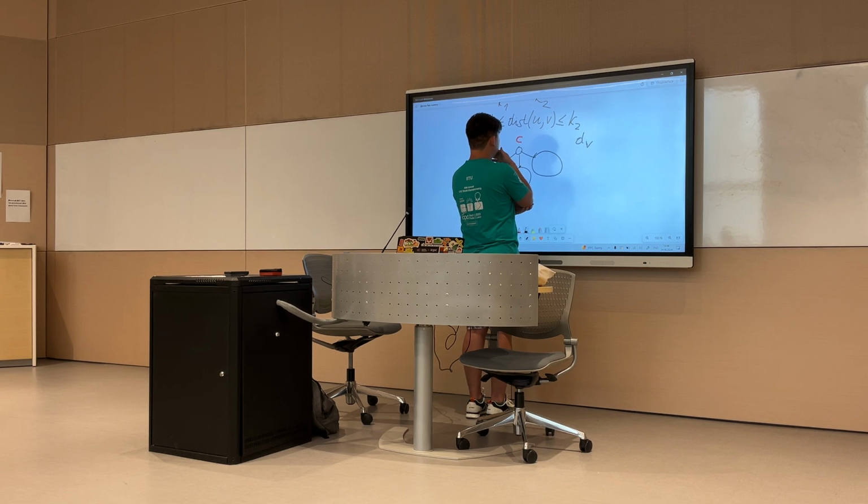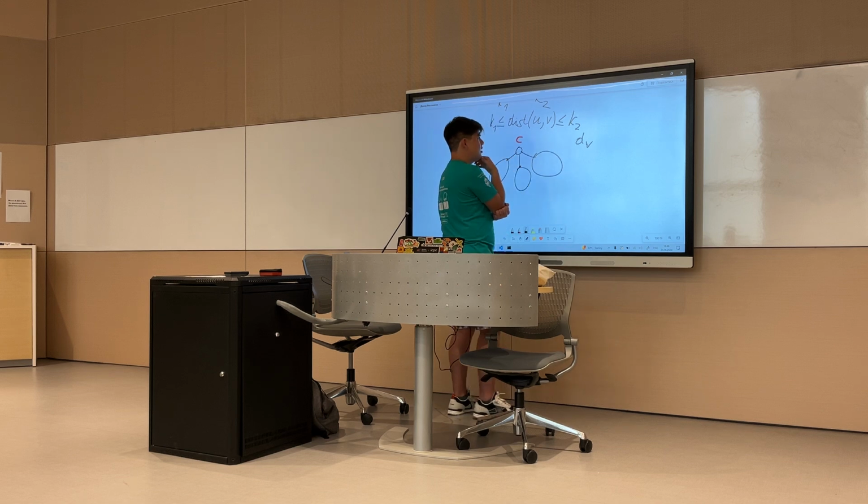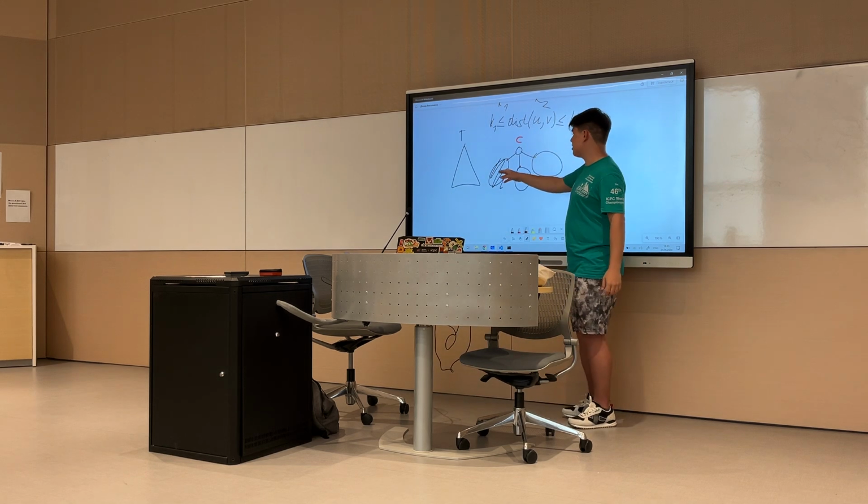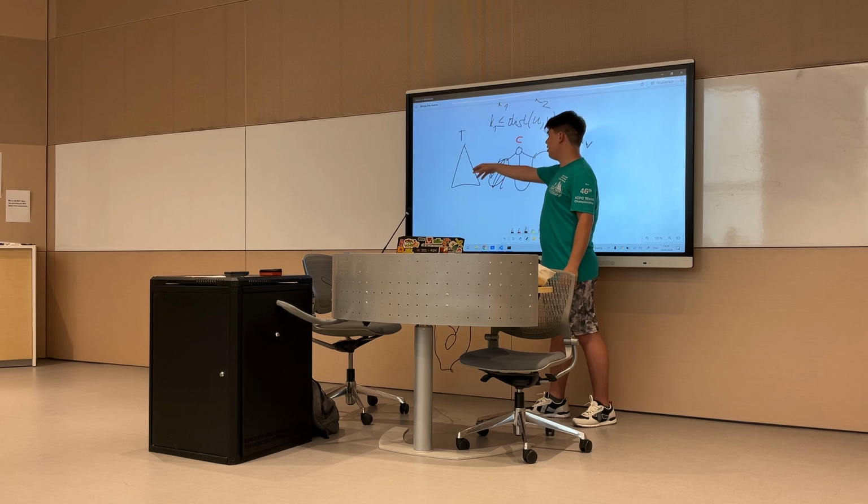How can we calculate the number of pairs? We need to use maybe some data structure. We can use a segment tree. How can we do this? That will be our segment tree, and we need to add every vertex in the first subtree to the segment tree.